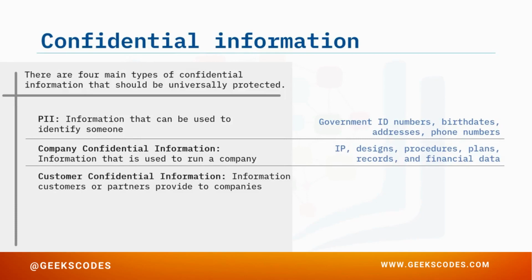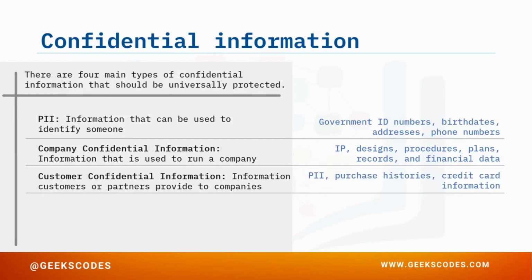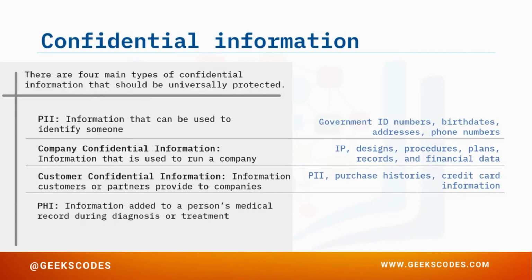Customer confidential information is information customers or partners provide to companies, which includes PII and also things like purchase histories and credit card information. And protected health information, or PHI, is any information added to a person's medical record during diagnosis or treatment that can be used to identify them, like PII, medical history, prescription lists, photos, and more.